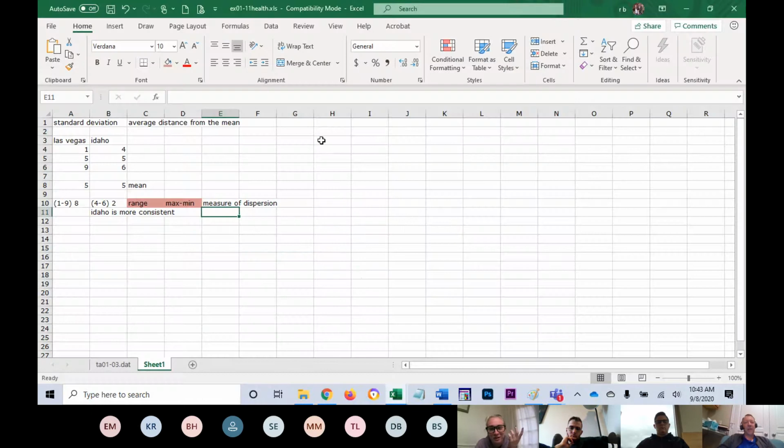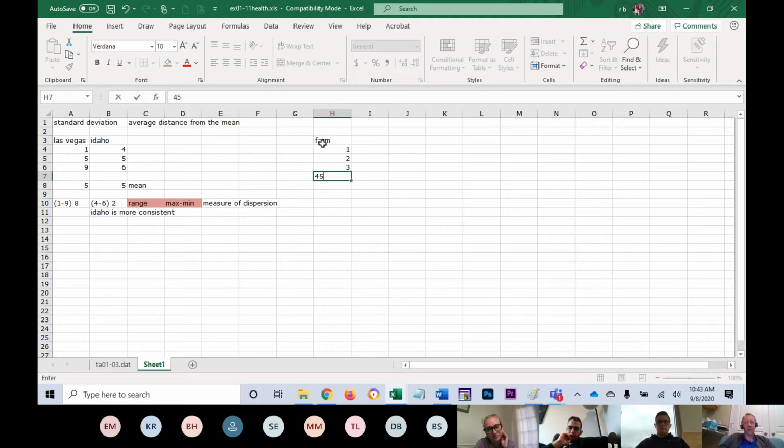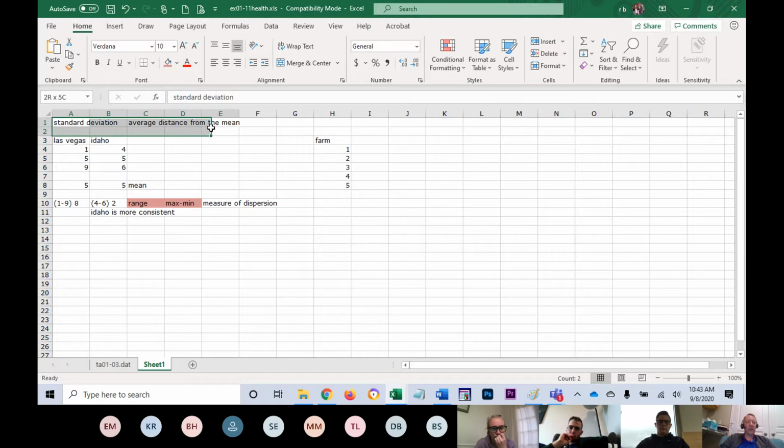Okay, let's pretend that we're on a new farm. This time we get 5 potatoes, and they're going to be 1, 2, 3, 4, and 5. I just want to keep this simple and easy. Now I also want you to understand that standard deviation you can think of as the average distance from the mean.